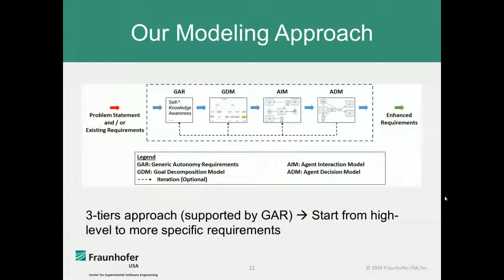So we ended up with a process going from the very vague, very early, high level to the very specific and very detailed, and we found different methods to guide us through the process. It starts with generic autonomous requirements, which is work presented by Michael Hinchey, and that is really the only thing that specifically mentions autonomy in it.